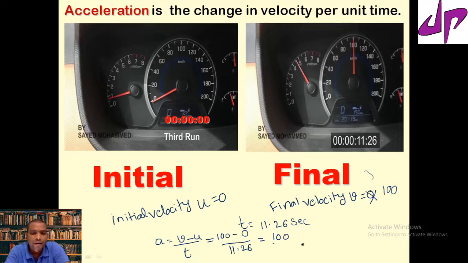If you divide 100 by 11.26, the acceleration of the car is 8.88. That will be the acceleration of the car. By using a simple formula, we can calculate the acceleration.